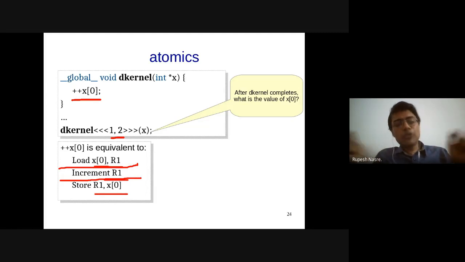And then both of them are going to write to the same memory location. Therefore, irrespective of how many times you run the code, you will get a deterministic output of 1 in this case. Does that seem reasonable? Anybody has any issues with that?